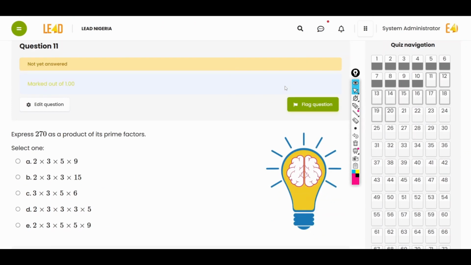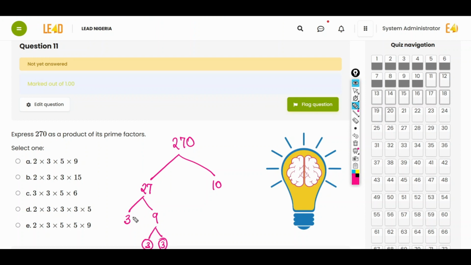Question 11 says, express 270 as a product of prime factors. So let's use the splitting method. 270 would be 27 times 10. I can split up 27 into 3 times 9, and then split up 9 into 3 times 3.